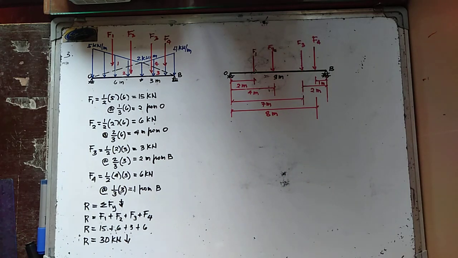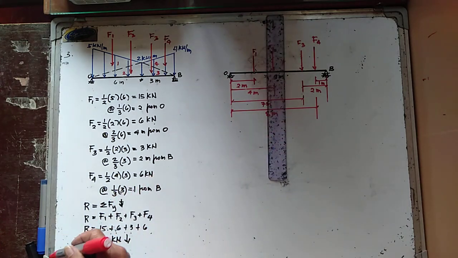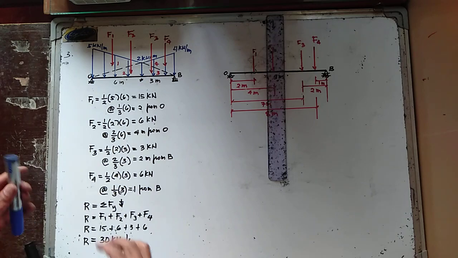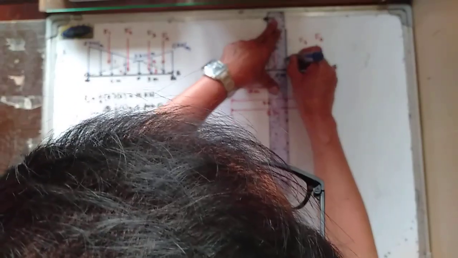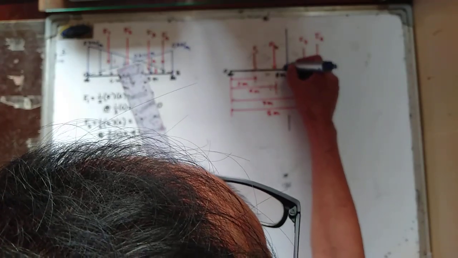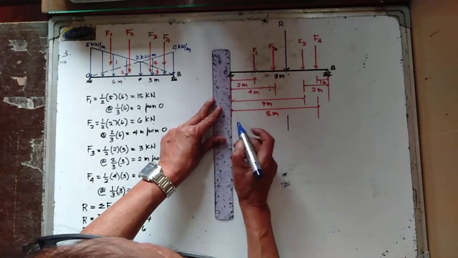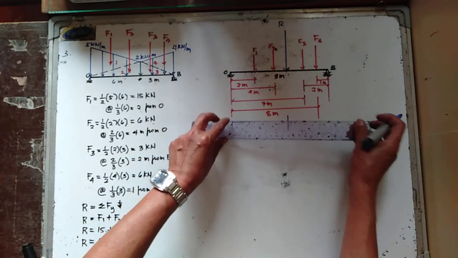Since we are getting the location of the resultant referred from point O, I will now consider that the resultant force R is acting at a distance x from point O.